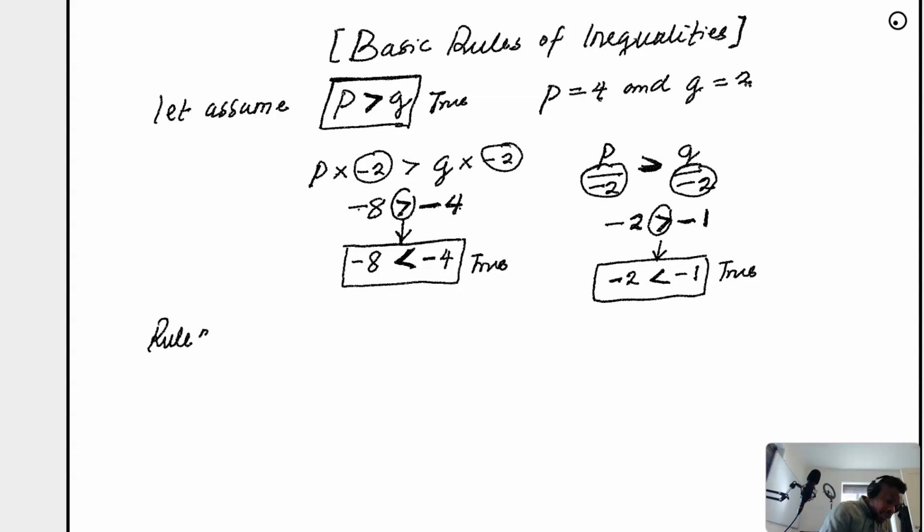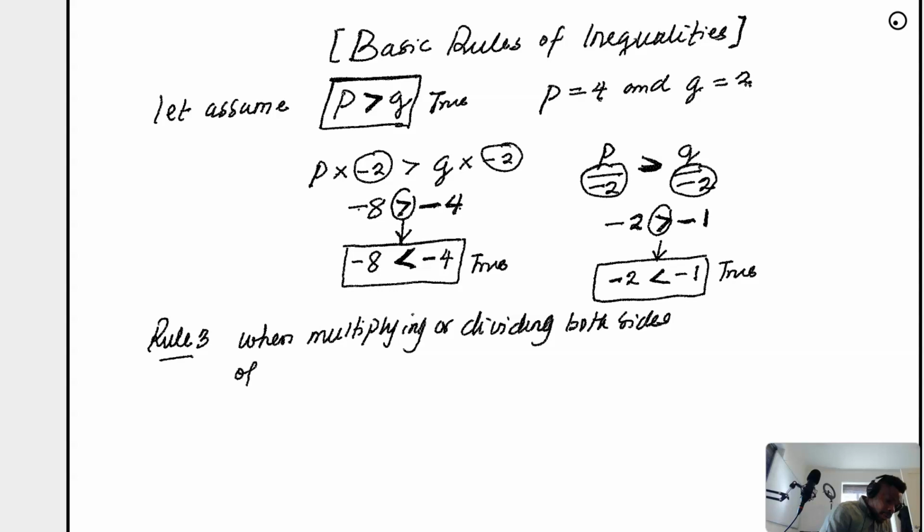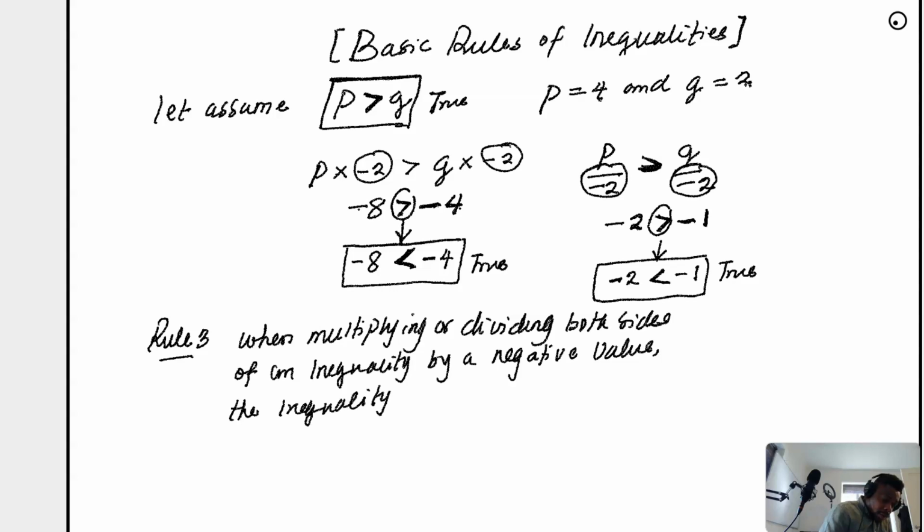So rule 3. When multiplying or dividing both sides of an inequality by a negative value, the inequality symbol will change to the opposite symbol.